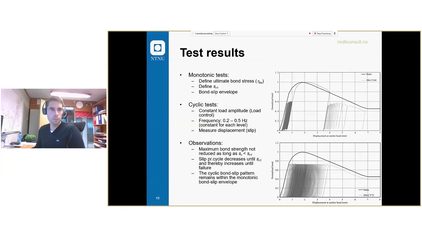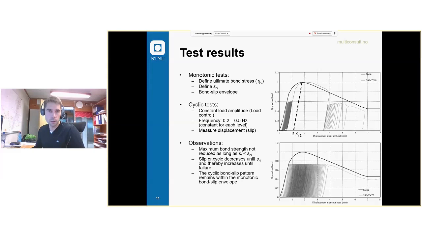Monotonic tests were performed to define the ultimate bond stress, tau BU, at this point. Define the slip value at tau BU, and you can see we have defined this slip as SR1, which is residual slip. It means that we have subtracted the elastic displacements.